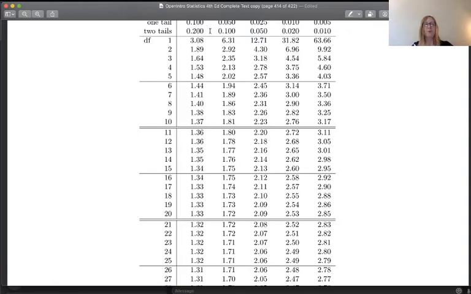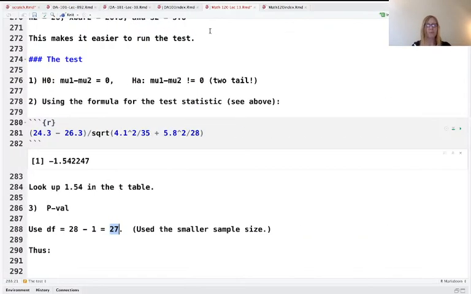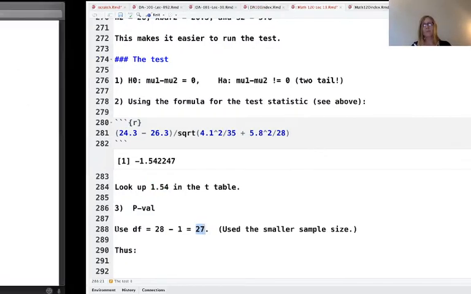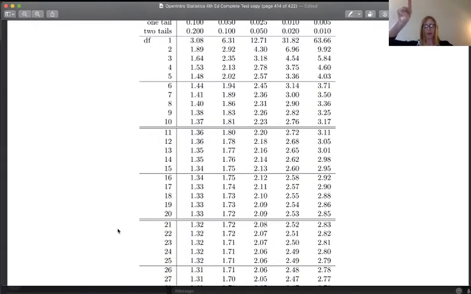Let me talk through that one more time before I continue. We got a test statistic of 1.54. My degrees of freedom is 27. So I'm matching those up on the table. Can you see my little mouse cursor there? I'm moving it back and forth. Our test statistic lives between those two.